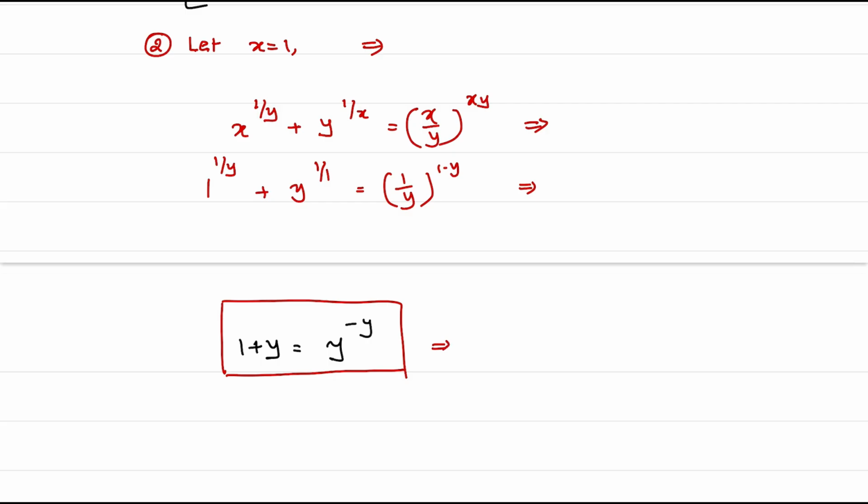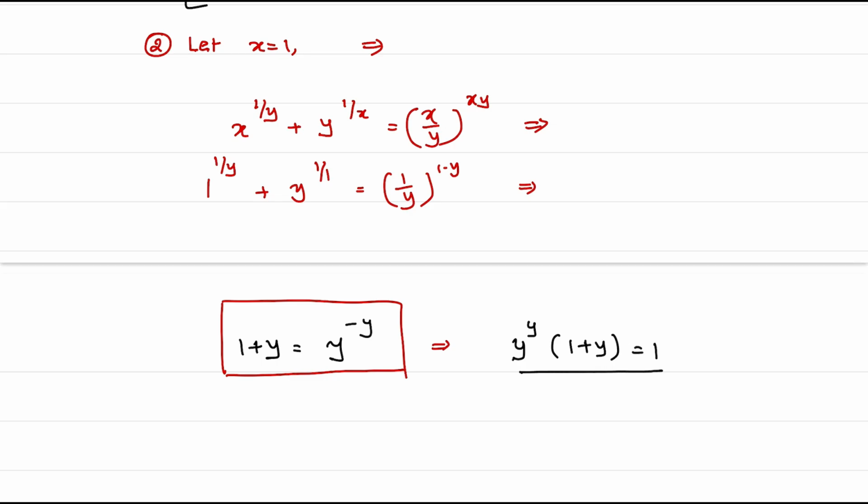What does it imply? What will be the value of y? If x is equal to 1, we can say y to the power of y into 1 plus y is equal to 1.